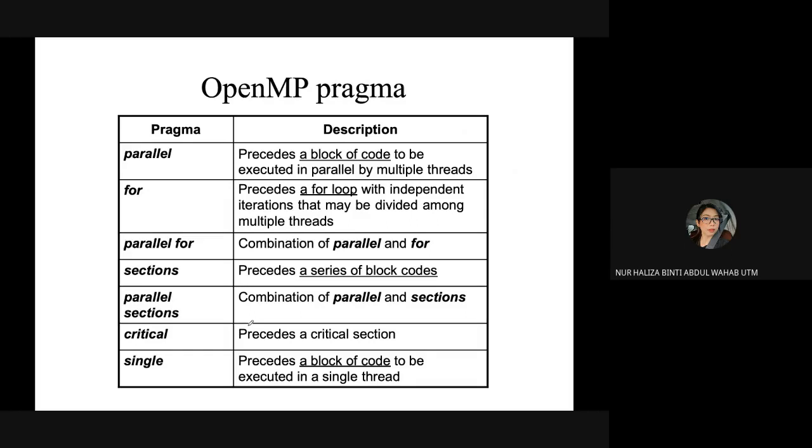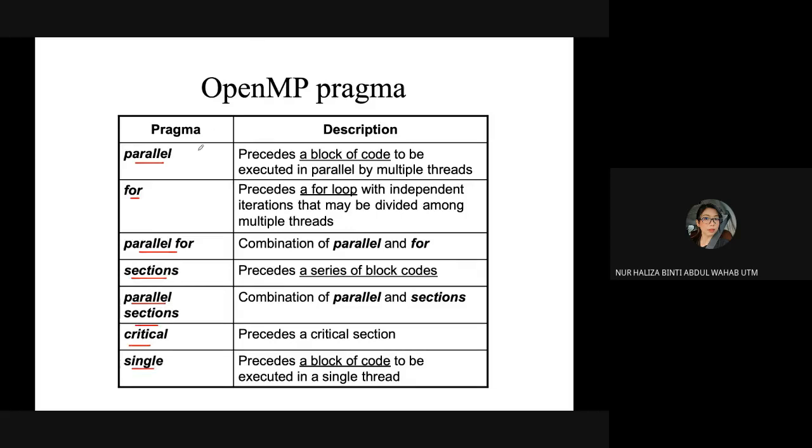Okay, now over here, similar to different kinds of programming that are available, the same goes for OpenMP. We have some functions in our OpenMP which we call a pragma. So what pragmas are available under OpenMP is parallel for, sections, parallel sections, critical, single.